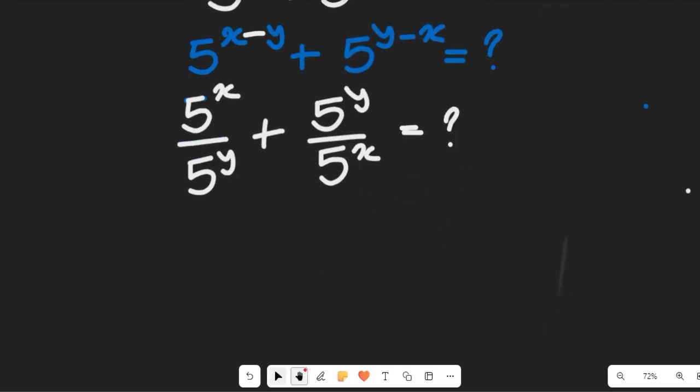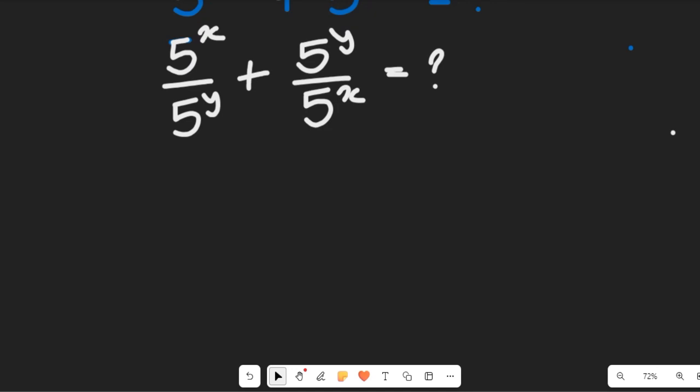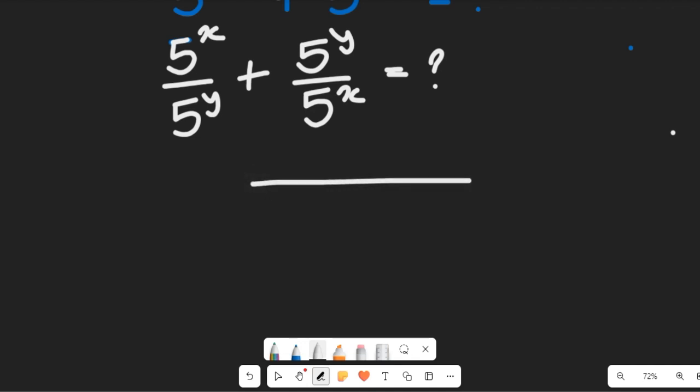Now, if you simplify this expression, I want to look at taking the common factor of this expression. We'll have to divide this by 5 to the power of y multiplied by 5 to the power of x. They are common.